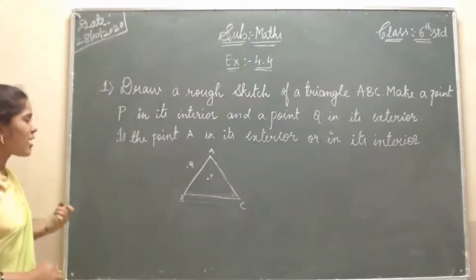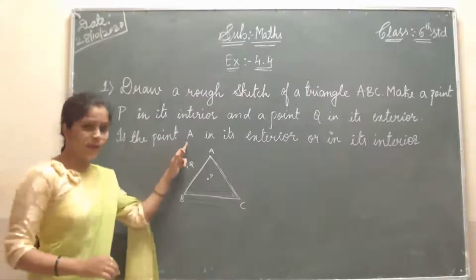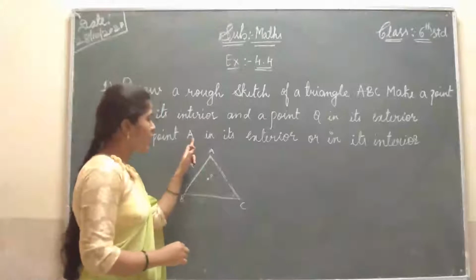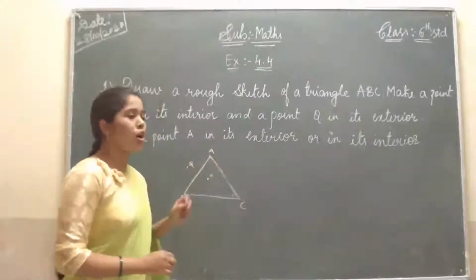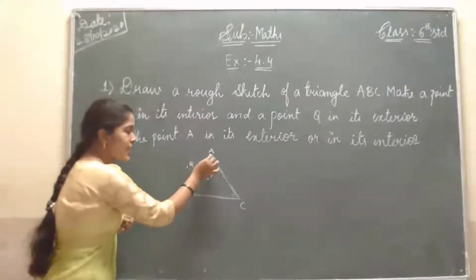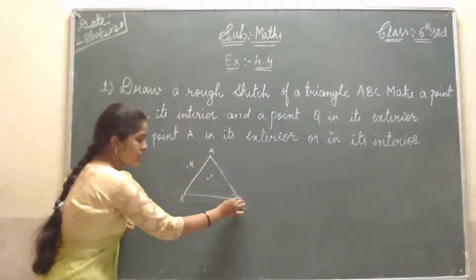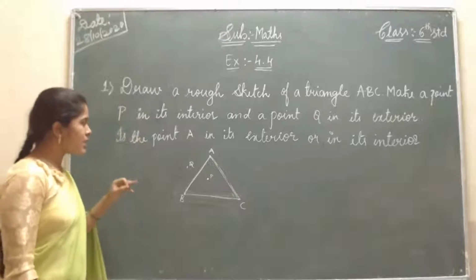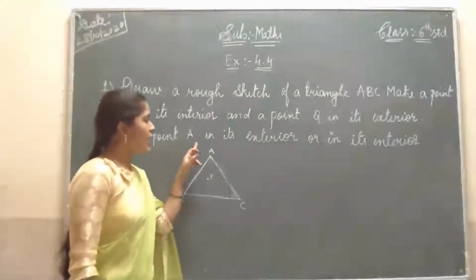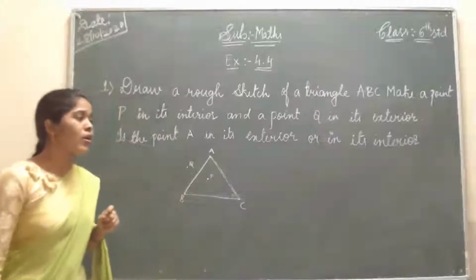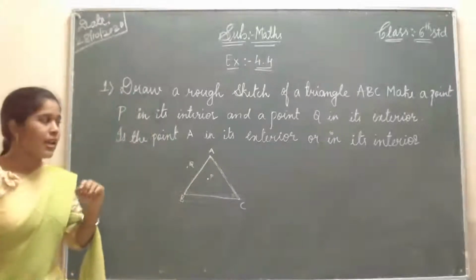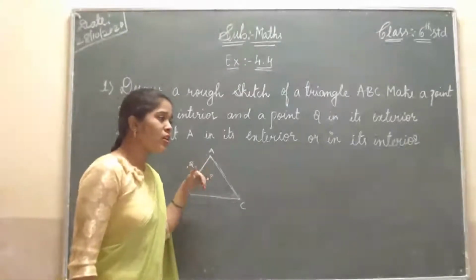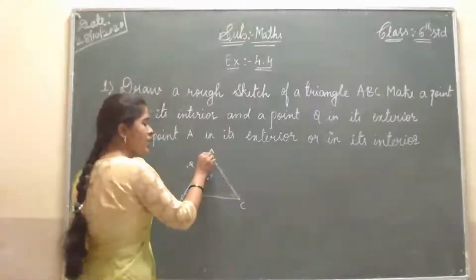Next, what they ask is the point A. Where is A? This one is A. Is the point A in its exterior or interior? A, B, C are vertices, meaning they are on the triangle. But what they ask is whether point A is in the exterior or in its interior. It is neither exterior nor interior, because A is neither inside nor outside. It is on the triangle.